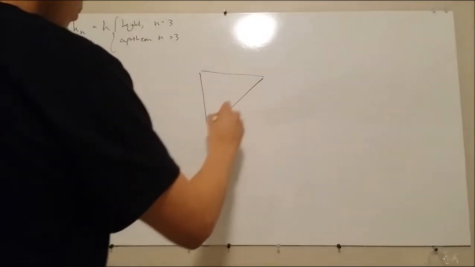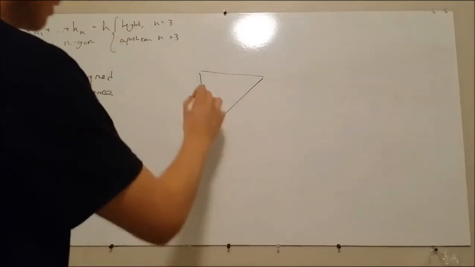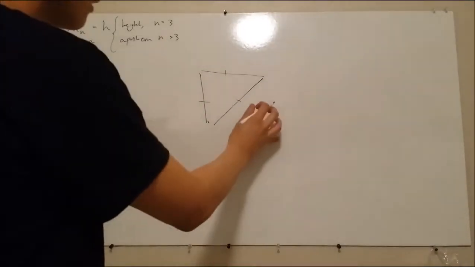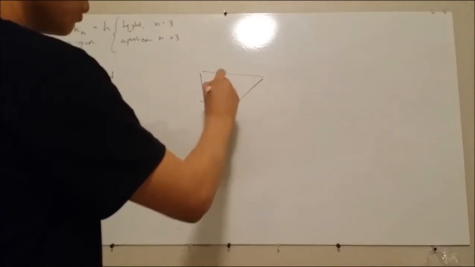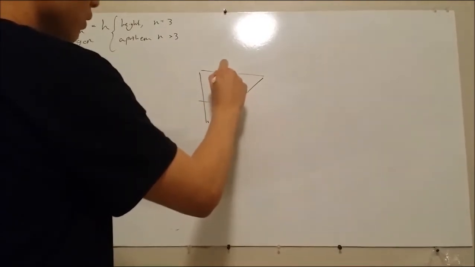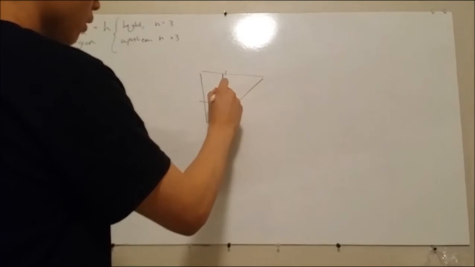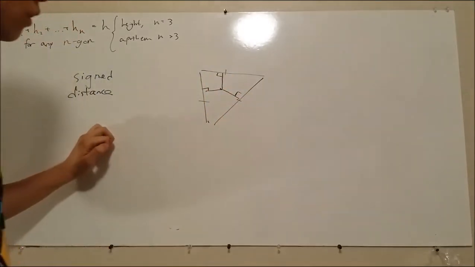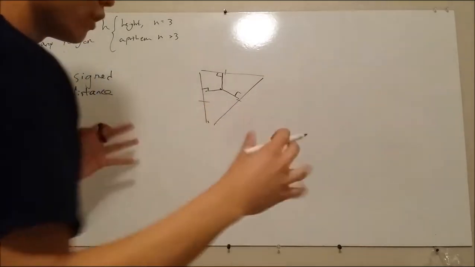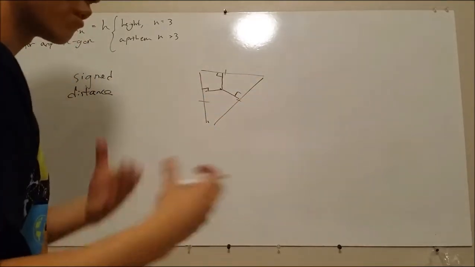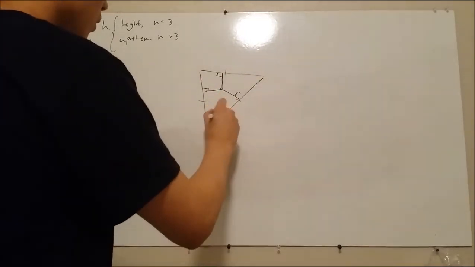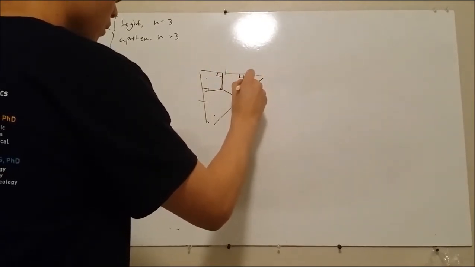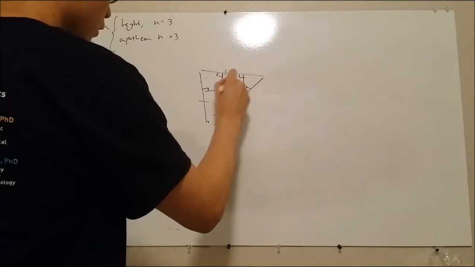Okay, let's start with our familiar equilateral island. When we have a normal point here, we have positive distances. We never even worried about negative distances, so they were positive. So it makes sense to still include the definition of our original distance. Basically, whenever you have a point inside, it'll be positive. Okay.